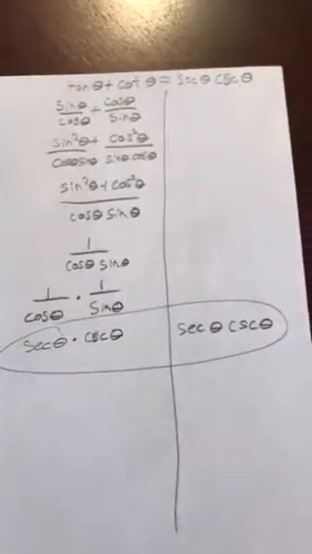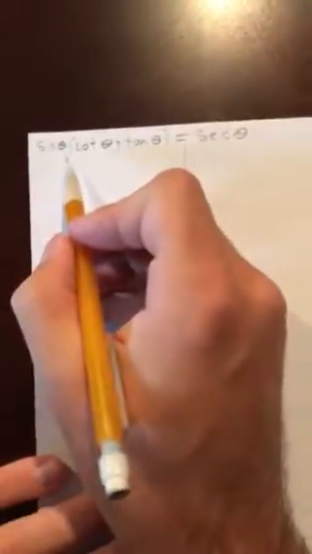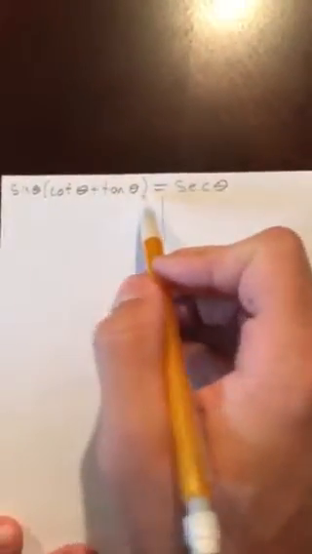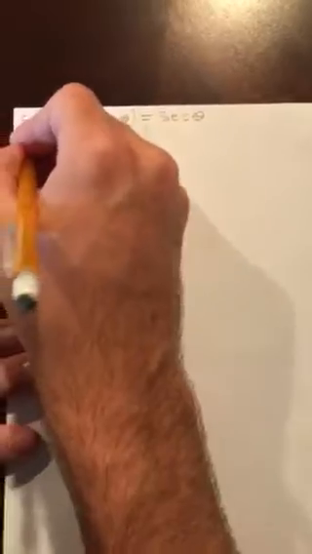Okay. Now onto the back side. We have one more question left. Sine theta times the brackets of cotan theta plus tan theta is equal to secant theta. So we're going to work the left side, seeing as that's more complicated. So then here we're going to write out cotan theta and tan theta in their changed forms. So we'll keep the sine theta on the outside, keep that over 1. Bracket cotan theta we can change into 1 over tan theta.